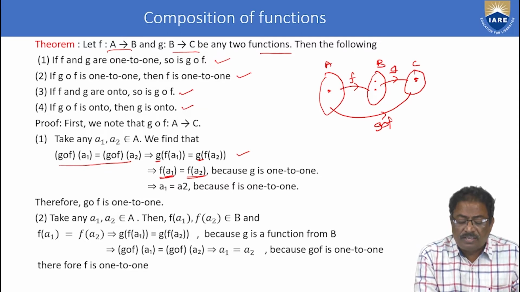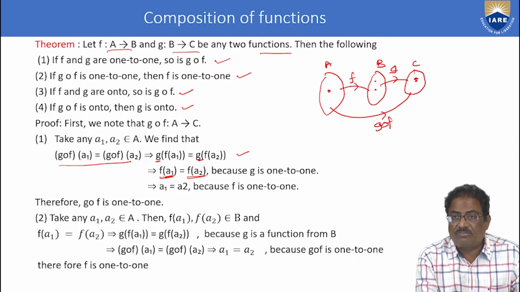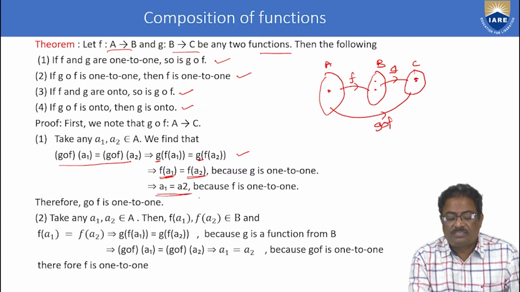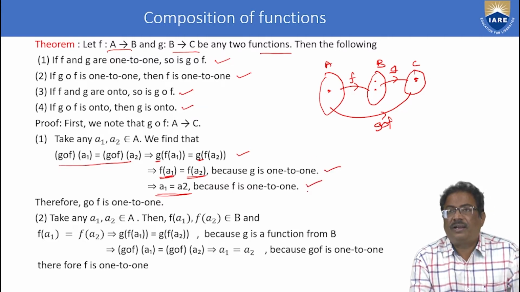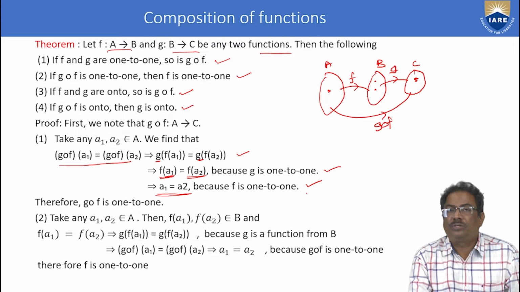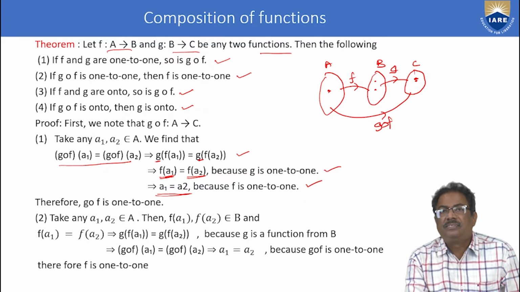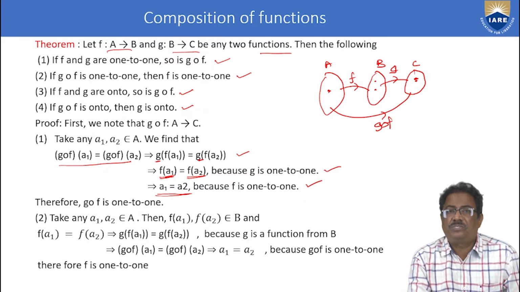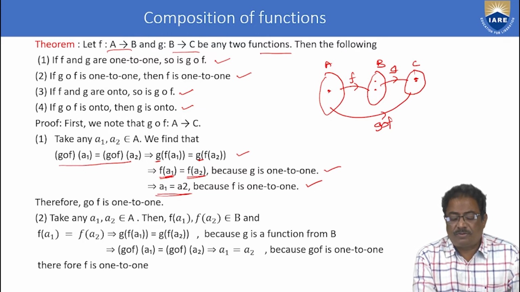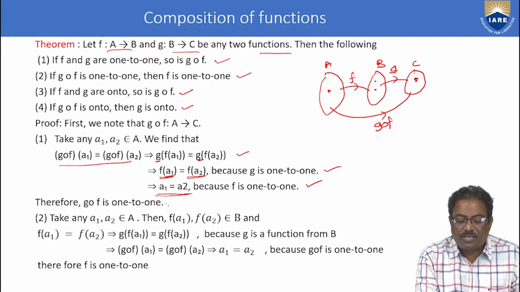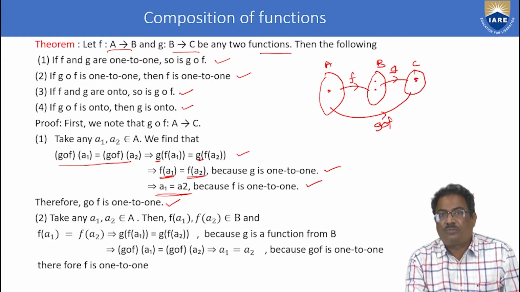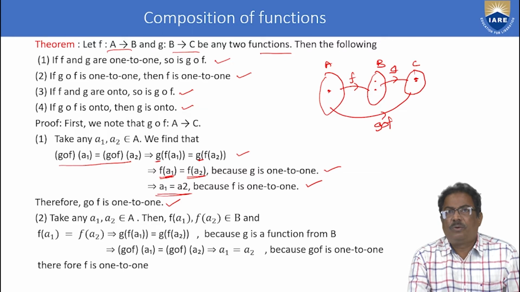Since f is also 1 to 1, whenever their images are the same, the elements are also the same. So we use both that g is 1 to 1 and f is 1 to 1. We consider g of f of a1 equal to g of f of a2, and prove that a1 is equal to a2. Subsequently we can say that g of f is 1 to 1.